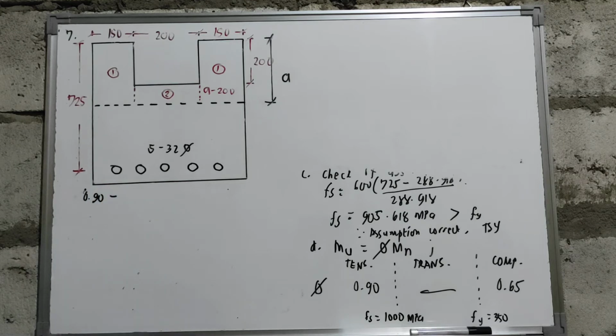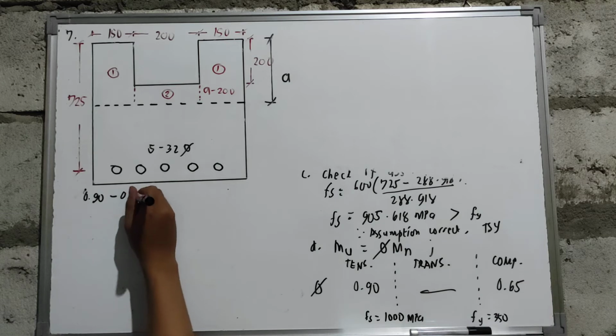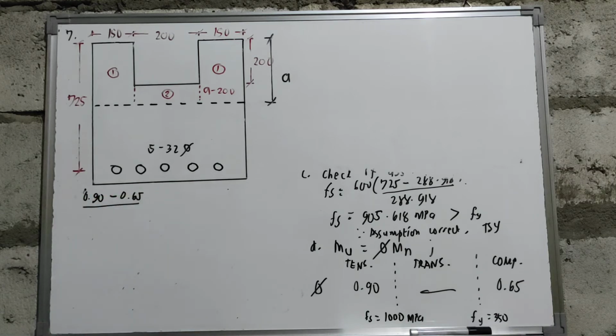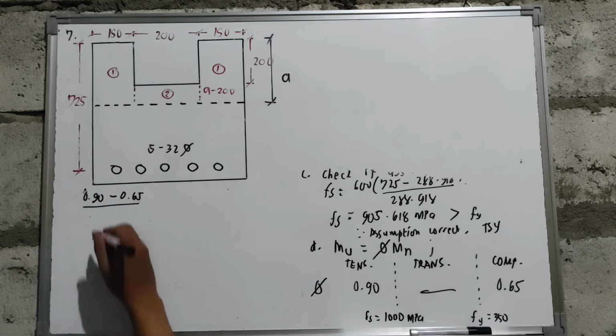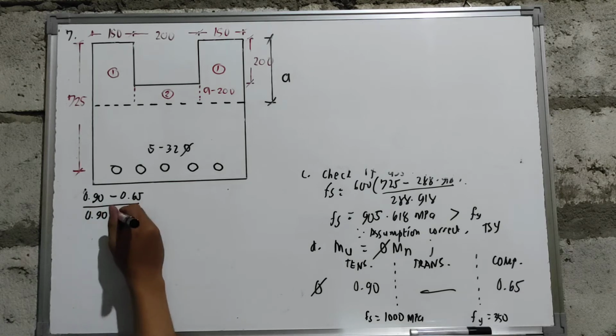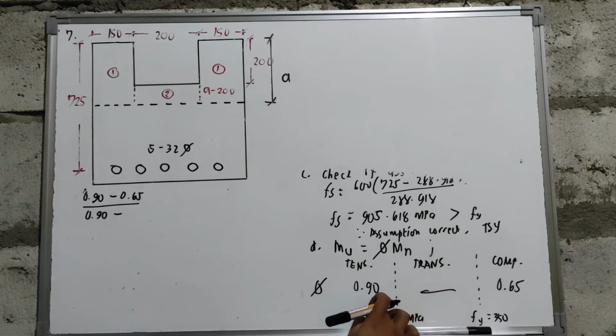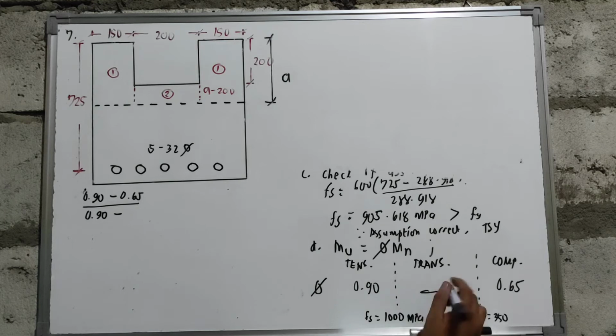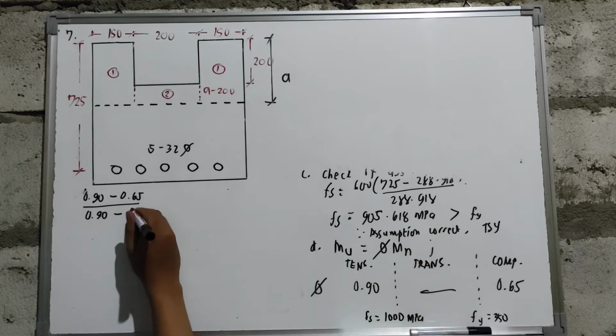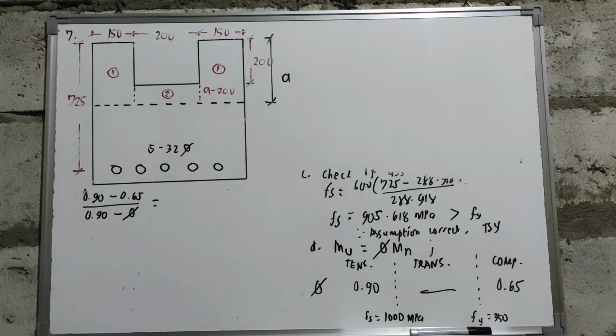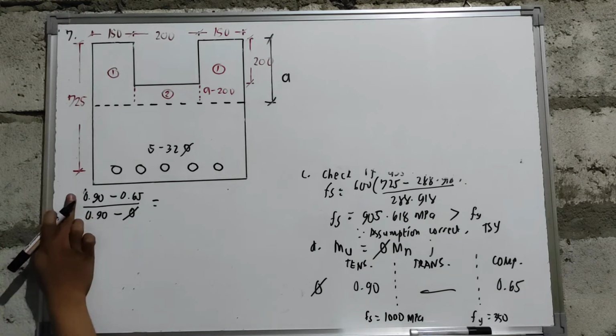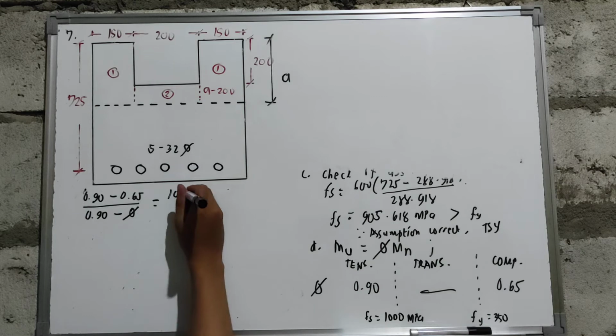Minus yung lower limit. So yung lower limit natin is 0.65. Over, so yung upper limit na kinonsider natin na 0.90. Minus yung susunod niyan, which is dito sa transition natin, which is ito yung hinahanap natin na value, reduction factor, equals, so at 0.90, kung yung reduction factor, what will be your boundaries in that? So yung stress natin dito, that is 1,000.